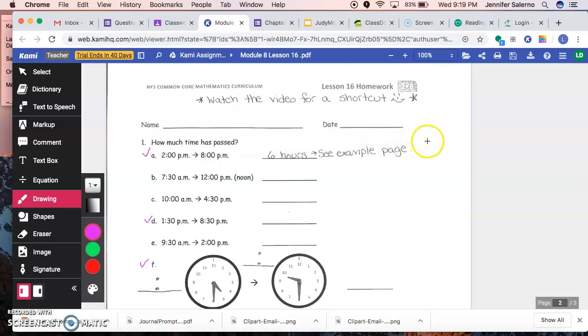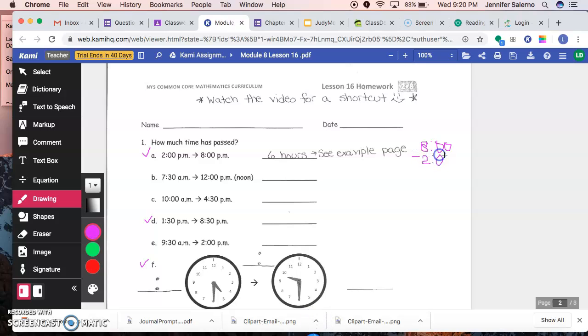I don't have to draw a number line. All I have to do is I'm going to come over here and I'm just going to subtract them. And just like with subtraction, please remember that your bigger number has to be on top. Okay? So I'm going to take 8 o'clock, and then I'm going to subtract 2 o'clock.